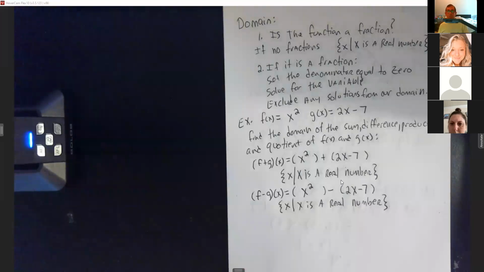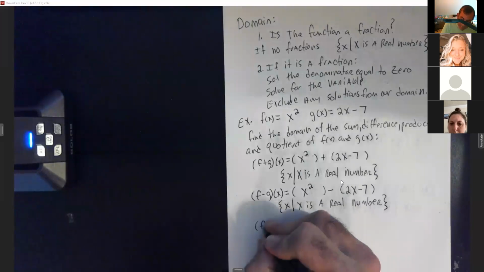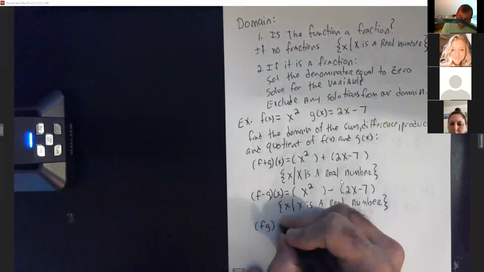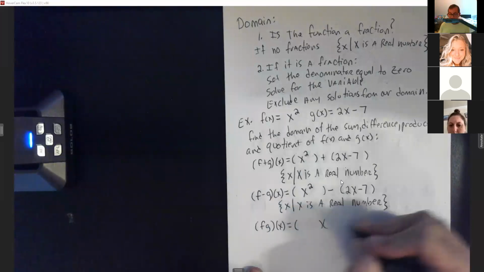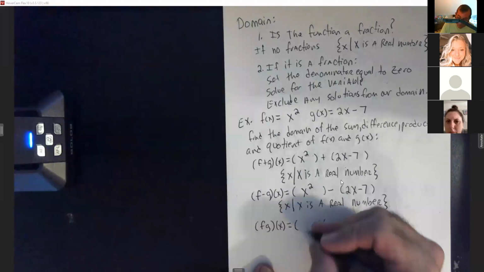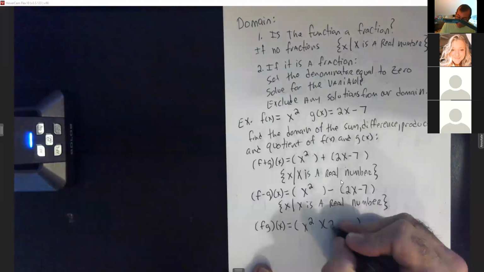All right, so on this one, what was next? They said product, which is multiplication. So f times g of x will equal my f times my g. F was x squared. G was a 2x minus 7.